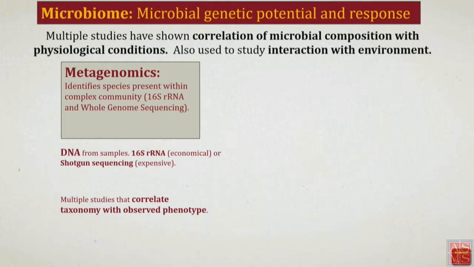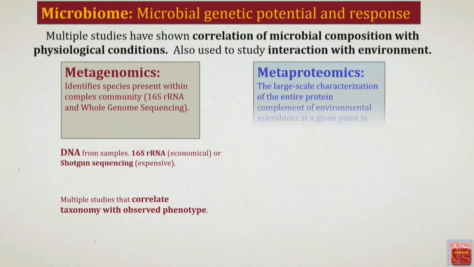Essentially, DNA from samples, either clinical or environmental, is collected and then subjected to 16S rRNA studies so that one can perform taxonomy analysis, or whole genome shotgun analysis, also called metagenomic shotgun sequencing. That also helps you understand the composition of your microbiome. And eventually, multiple studies have been done to correlate the taxonomy to a particular physiological condition.